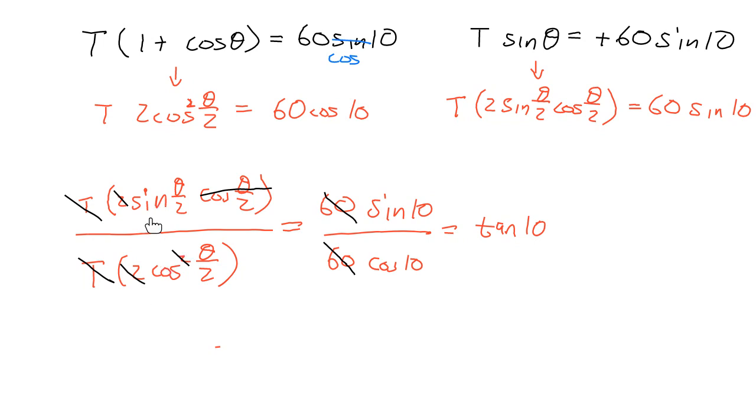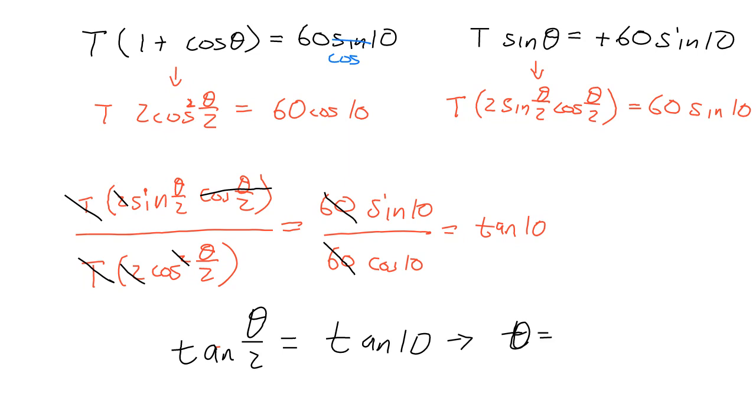So this is going to give us tangent theta over 2. Okay. Guess that helps us solve for theta. So we can say theta equals 2 arctangent of tangent 10.